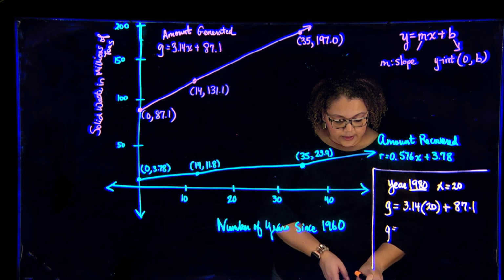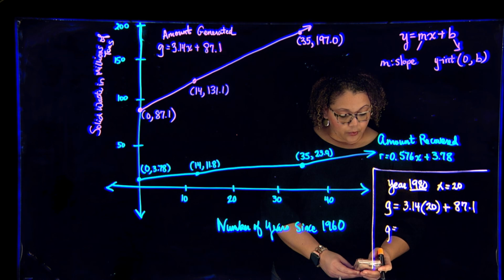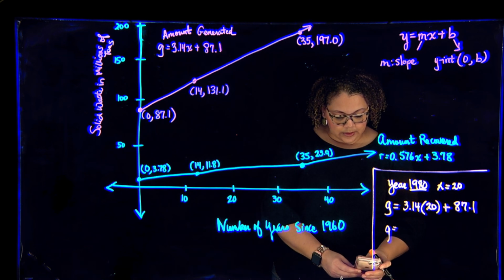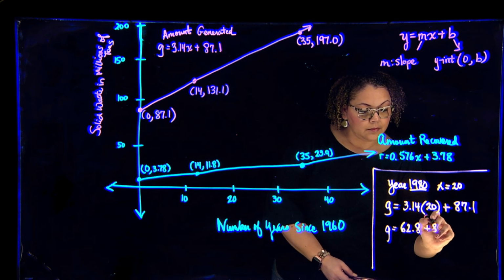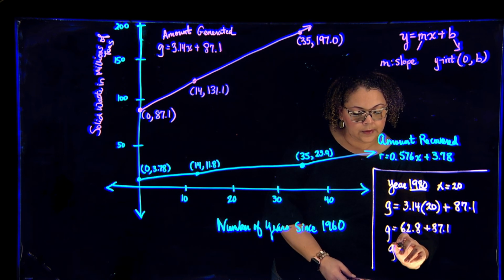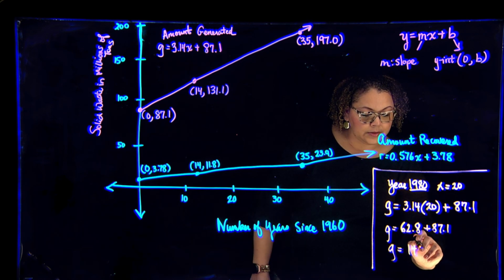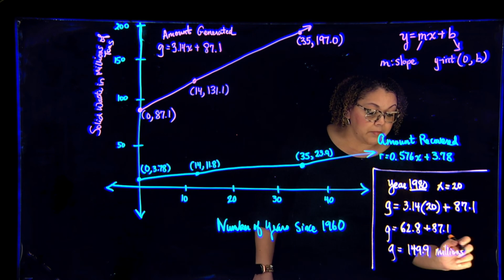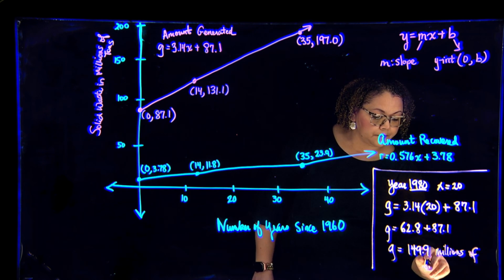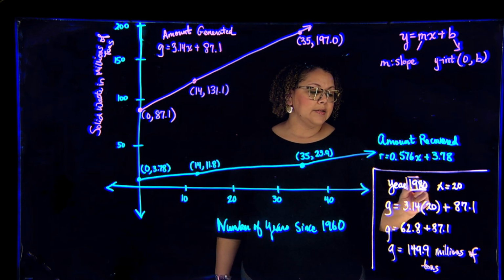And grabbing a calculator, we will find what 3.14 times 20 is, and that is 62.8 plus 87.1. So that means that there were 149.9 millions of tons of waste generated in the year 1980.